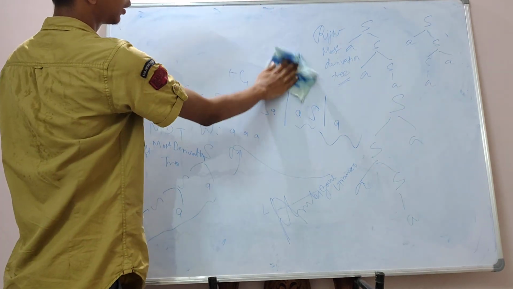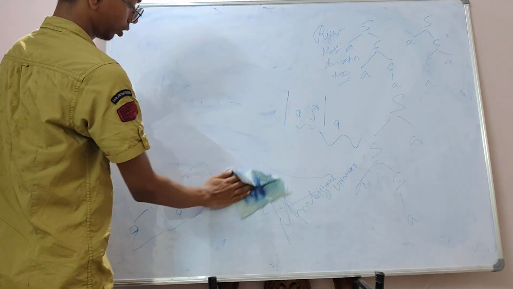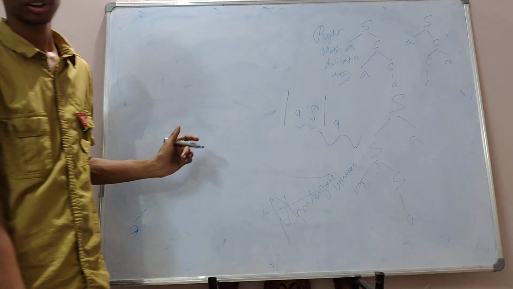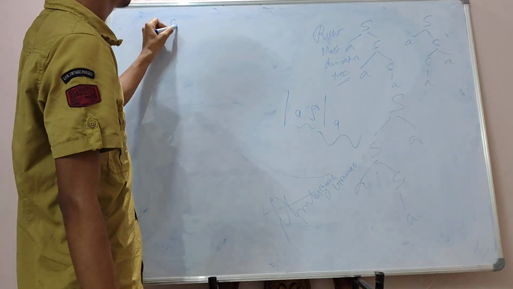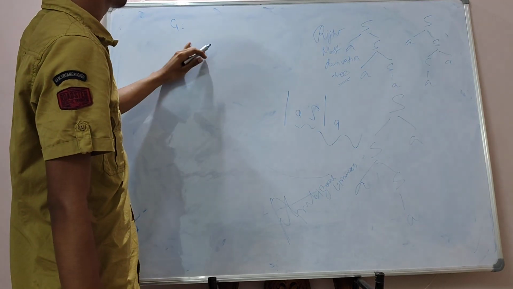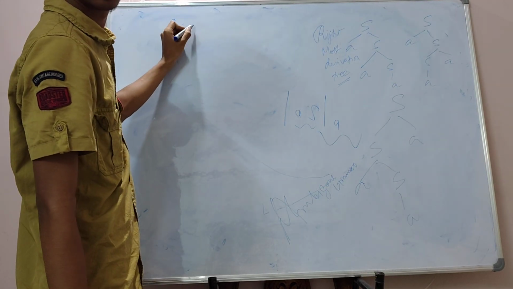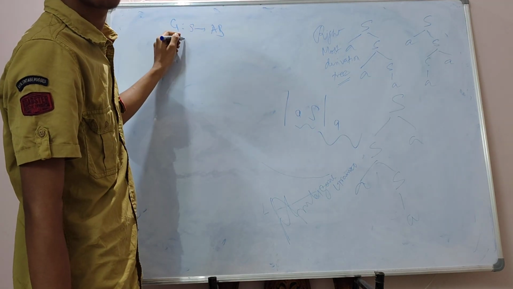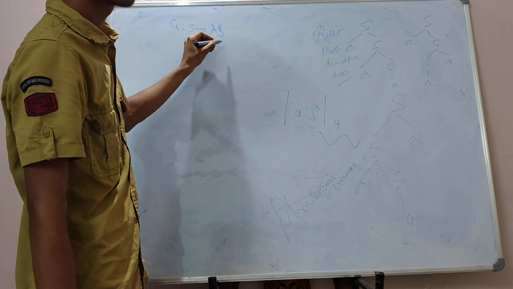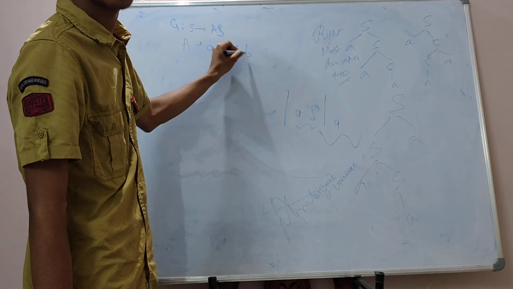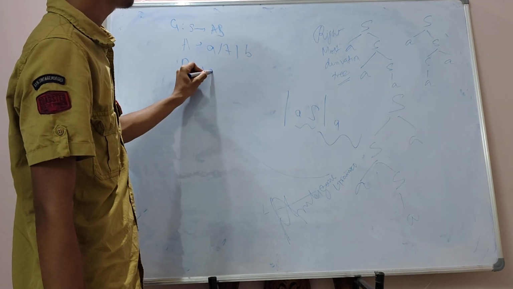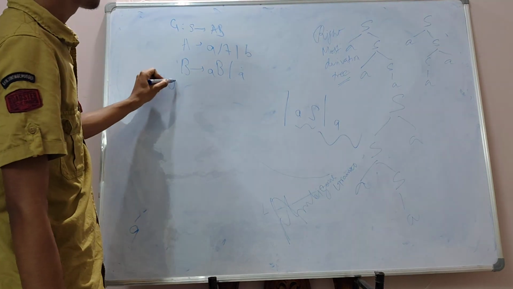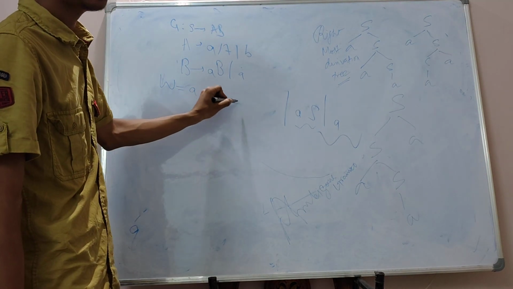Now let's take an example of an unambiguous grammar. Suppose I have this grammar: S goes to AB, A goes to capital A followed by small a for termination, B goes to capital B followed by small b, and I have a word AABB.